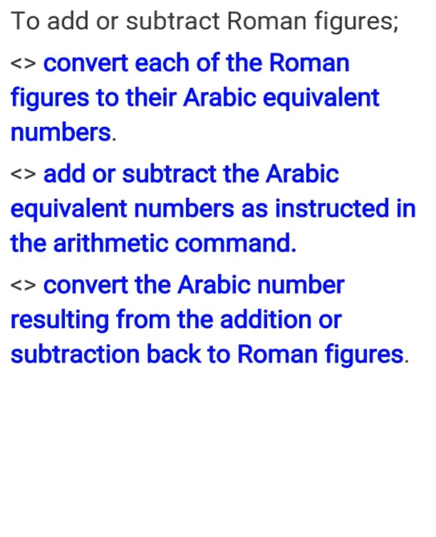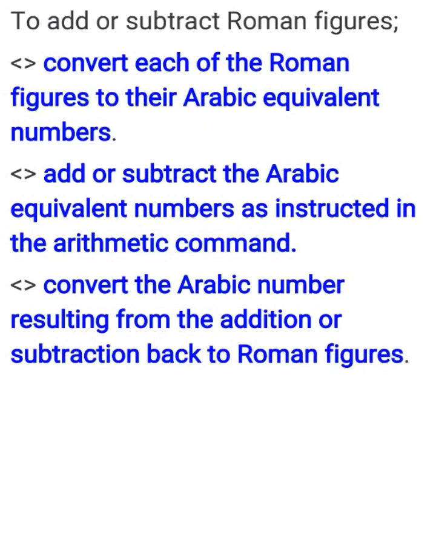Let's see how we do addition and subtraction of Roman numerals. To add or subtract Roman figures, the first step is to convert each of the Roman figures to their Arabic equivalent numbers. That's the regular numbers we work with: 1, 2, 3, 4, and whatever. Then, when you are done, add or subtract the Arabic equivalent numbers as instructed in the arithmetic command.